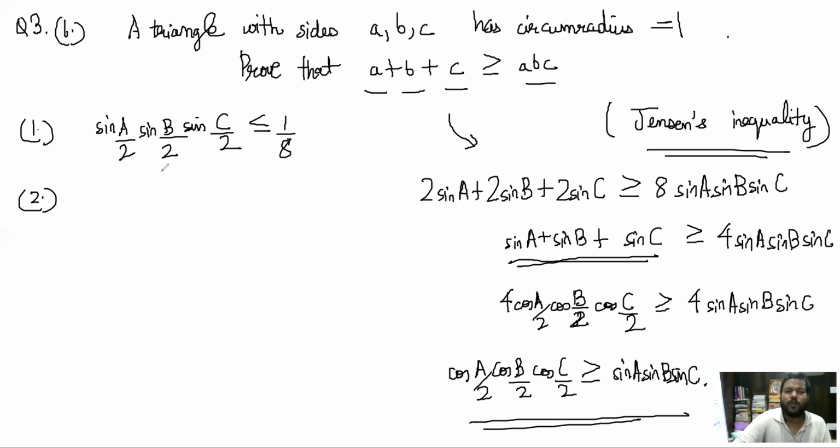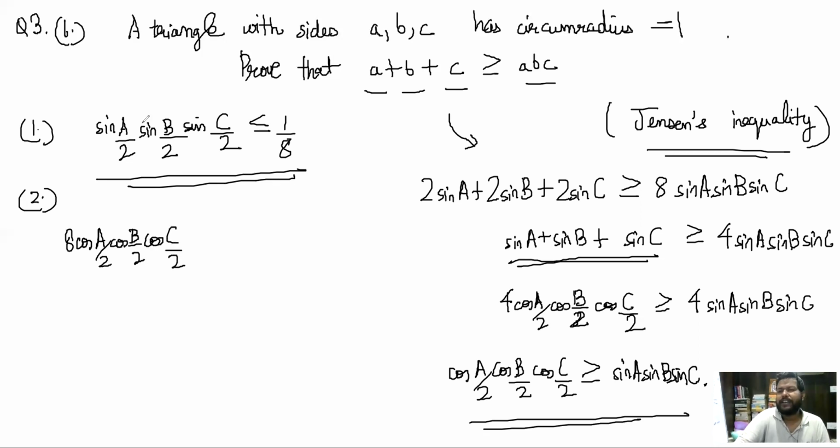Great. So that is very straightforward from here because I already know this, right? I want to convert it to sin A sin B sin C somehow. So let's multiply this side by 8 times cos(A/2) cos(B/2) cos(C/2), which is a positive quantity in a triangle because all of these half-angles are acute.